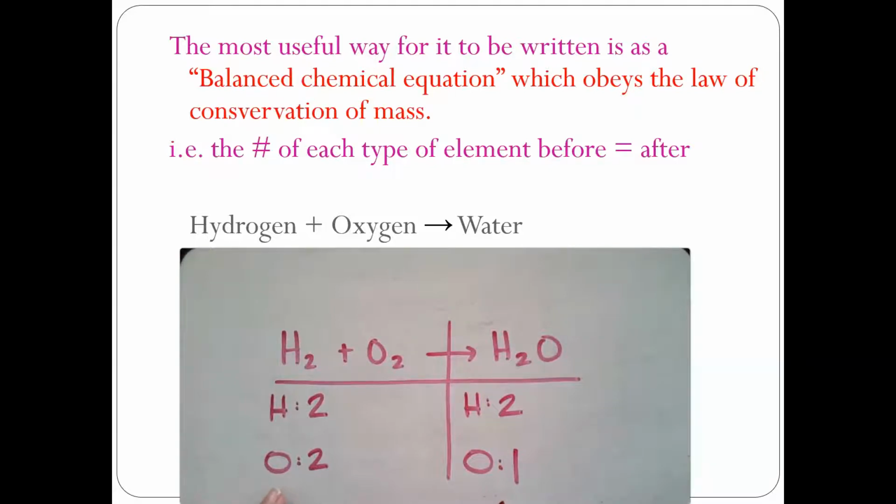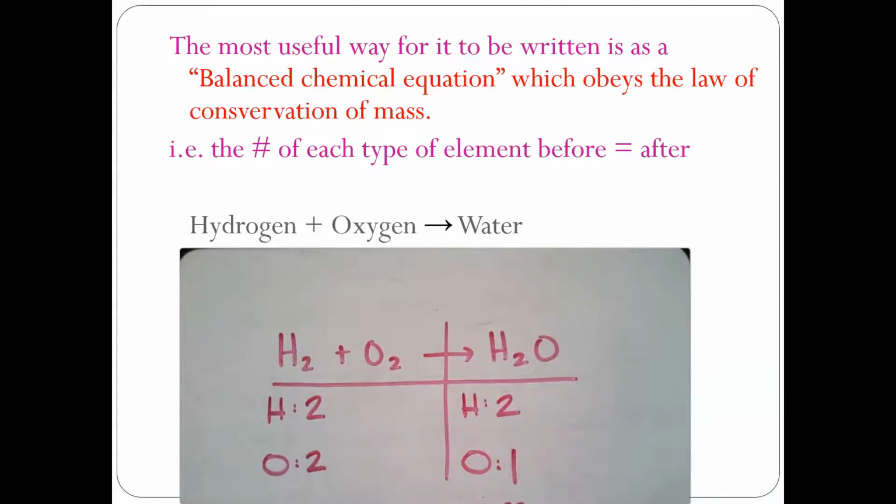So I need to put a coefficient in order to balance out my number of oxygens. This is really important for balancing. You may only add coefficients. Only add coefficients. Coefficients are the big numbers that we put in front of the formulas.